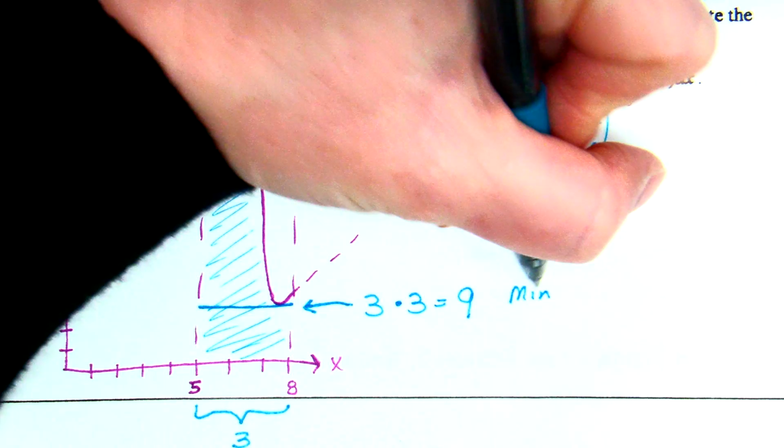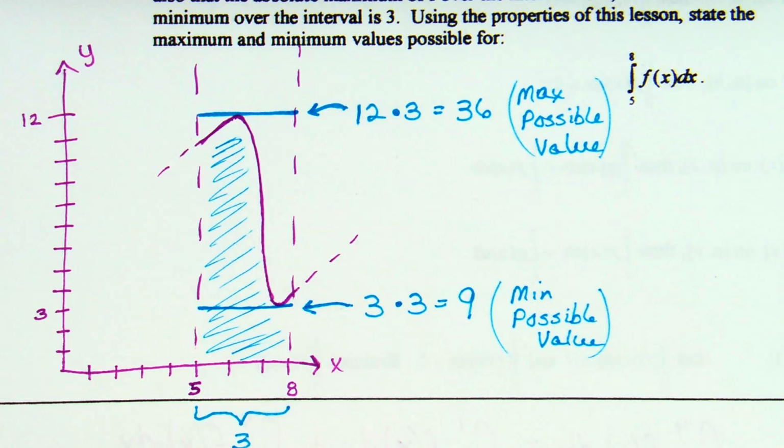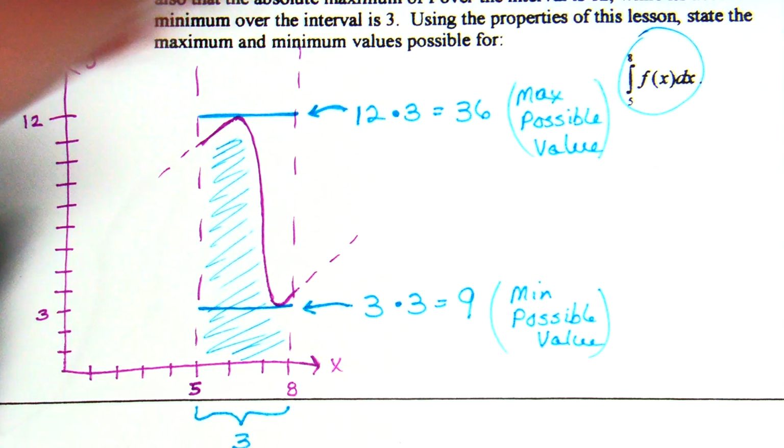So it's unlikely that it's all the way 36. It's unlikely that it's all the way down at 9. It's somewhere in between. But we're trying to find the minimum possible value and maximum possible value. So we know that that integral there is somewhere between 9 and 36.